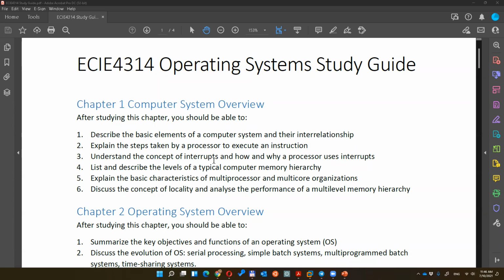Understand the concept of interrupts and how and why a processor uses interrupts. Describe the levels of a typical computer memory hierarchy. And number 5, explain the basic concept of multiprocessor and multi-core organization, and describe the concept of locality that we use for the cache memory.